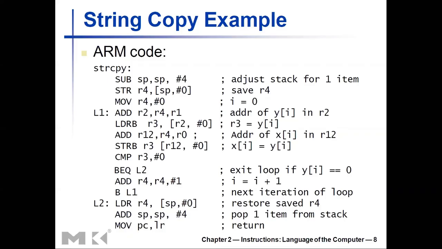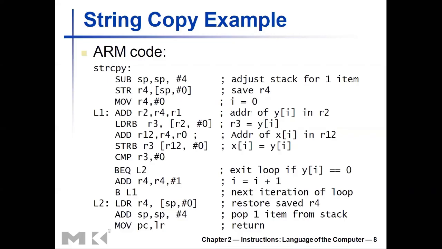That is valid for LDR operations, where we try to load the full word from memory into a register. But with LDRB, that word alignment does not apply, because we are loading bytes from memory. We are telling the processor to load just bytes.